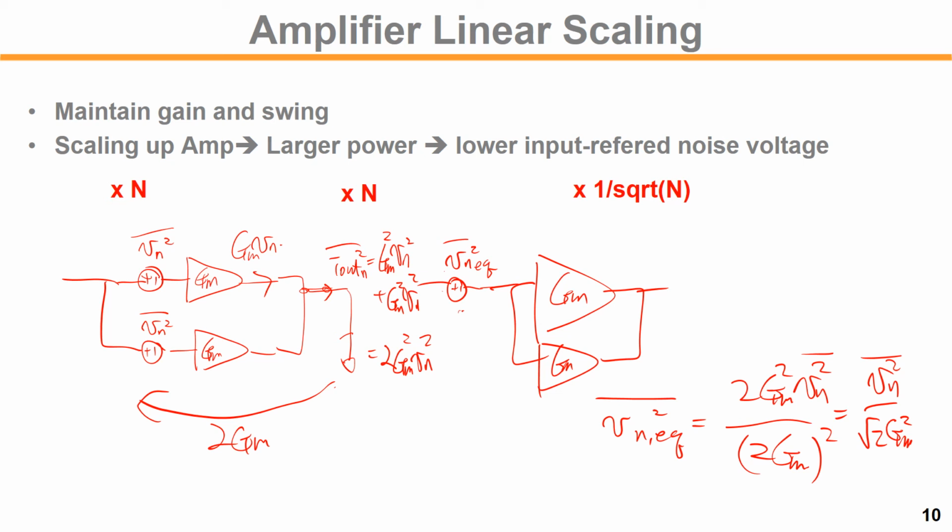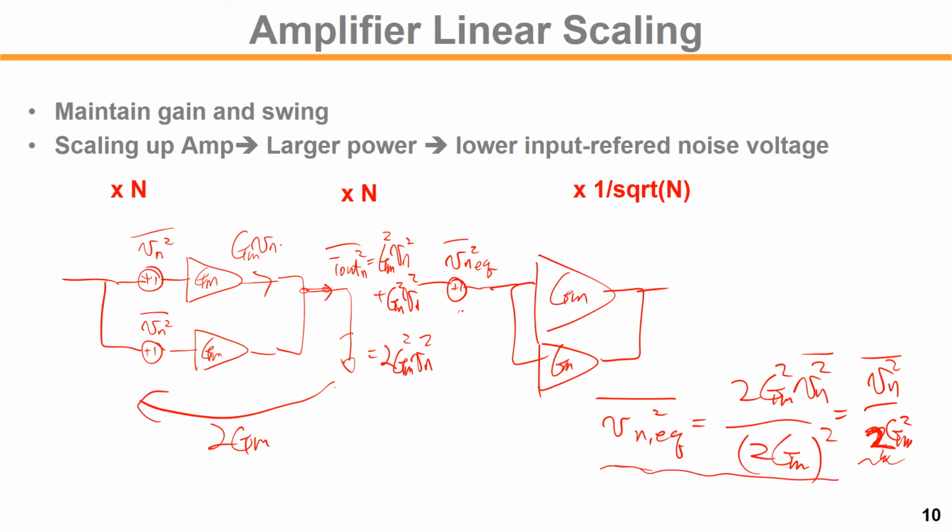So as I have shown in this example, input equivalent noise power is reduced by half, right? In RMS voltage level, it is reduced by square root of 2.